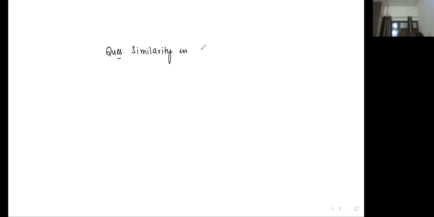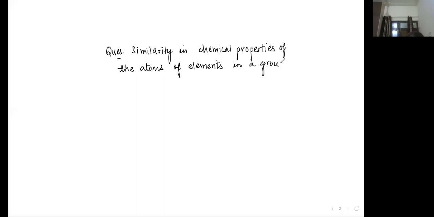Similarity in chemical properties of the atoms of elements in a group of the periodic table is most closely related to?